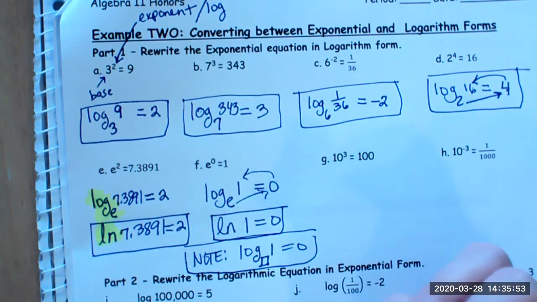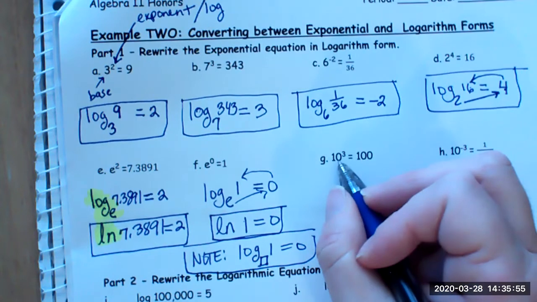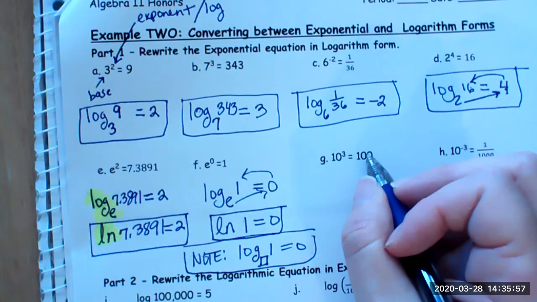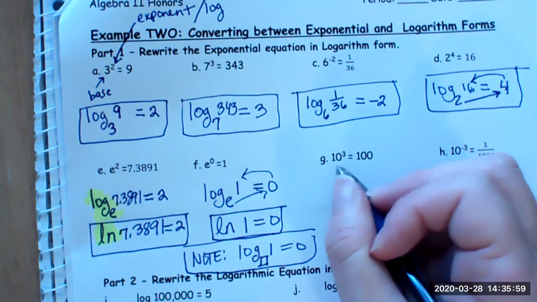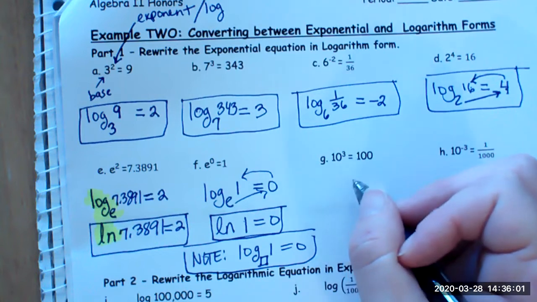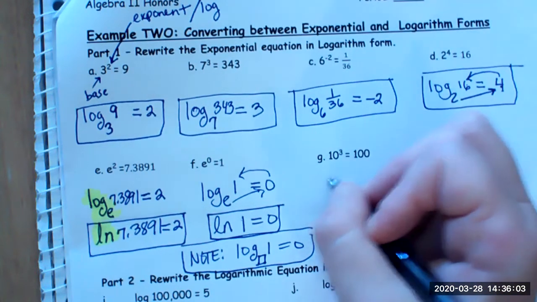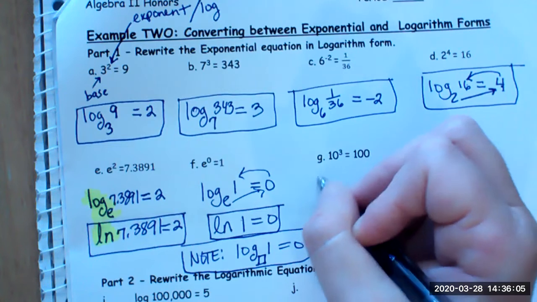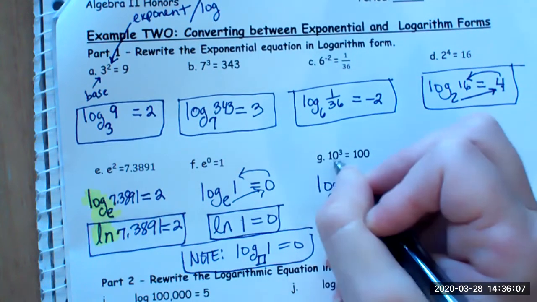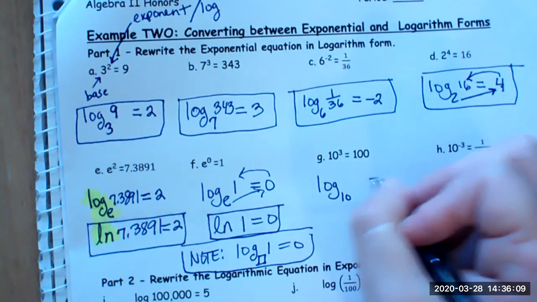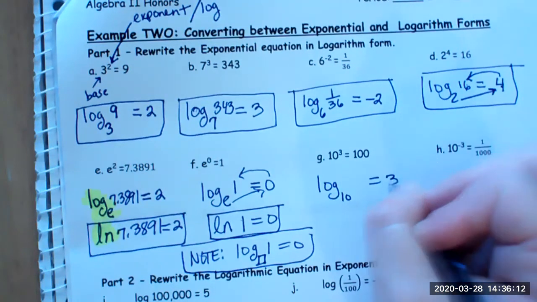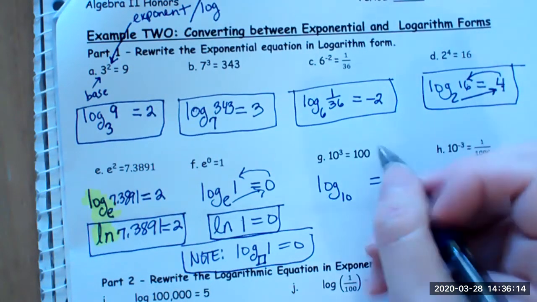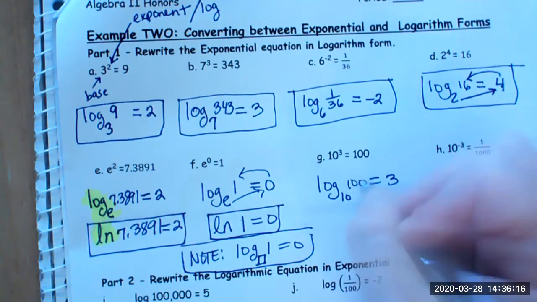Okay? Let's look here at 10 cubed is 100. So here again we've got base 10. As I said, we're looking here at common logarithms. So when I put this in logarithmic form, log base 10, there's your base. The exponent is the value of the logarithm, so that 3 is going to go on the other side. The number I haven't used is the 100.